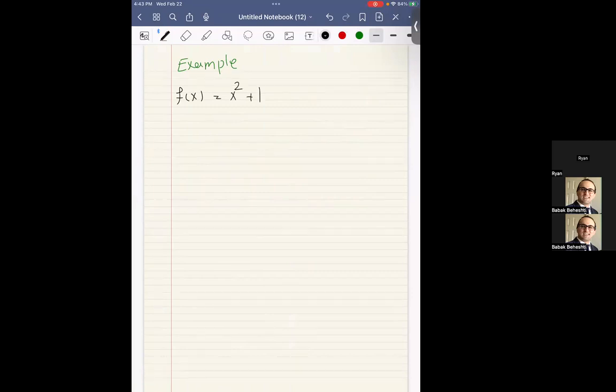So the question is compute the instantaneous rate of change, or sometimes briefly we can just say IROC.